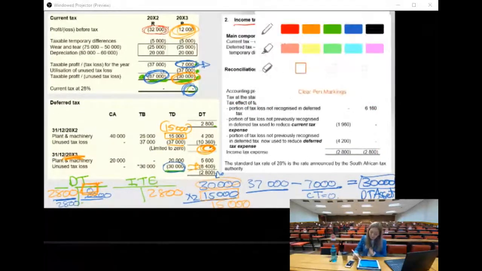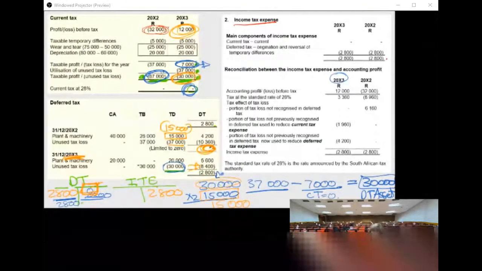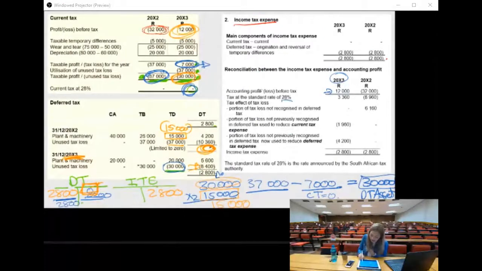Okay. So for our reconciling items in our income tax expense note for 20X3, we start off with our accounting profit, multiply that by 28%, and we are reconciling to the 2,800 movement. But the reason for the reconciling items is, first of all, this 6160 that was not recognized in the prior year. Some of that was first of all used to reduce the current tax.